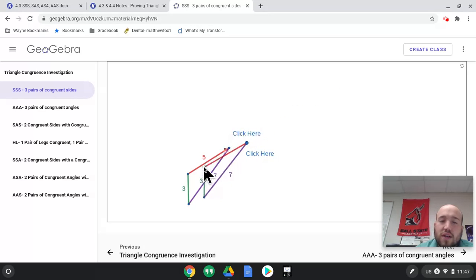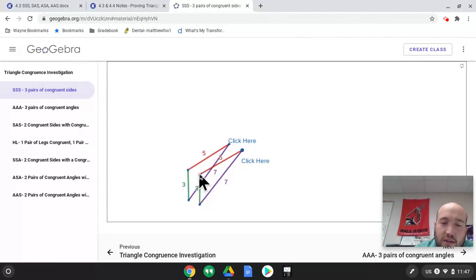When I drag it, the reason they're not exactly the same is because that angle is slightly off. But as you can see, they are the exact same triangle. Human error is why mine are off by maybe half a millimeter, but they are the same triangle, and that's always going to be the case.